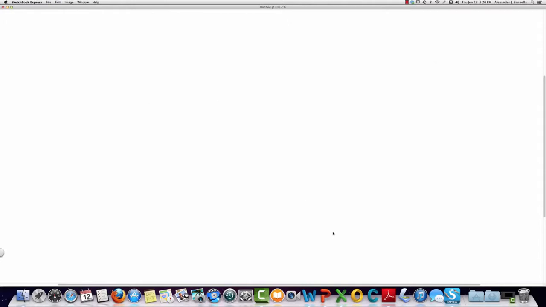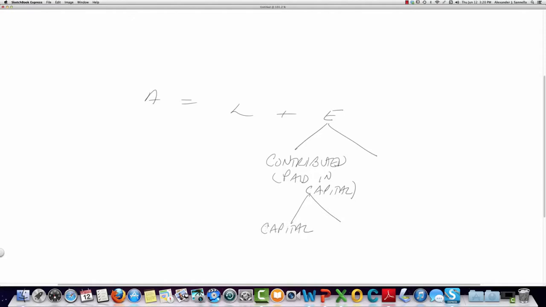So again, on the accounting equation, the two components we're going to be focusing on are contributed or paid in capital, capital stock, and I want to use the generic term capital stock here, at par value plus additional paid in capital.